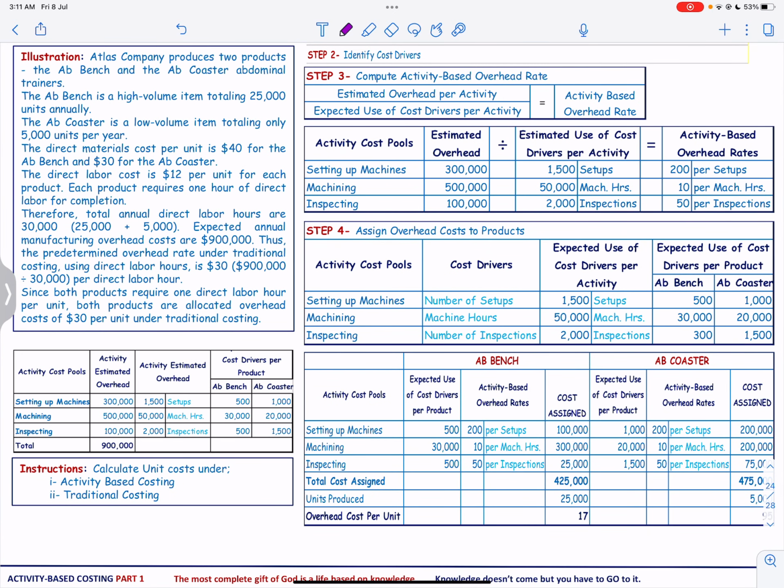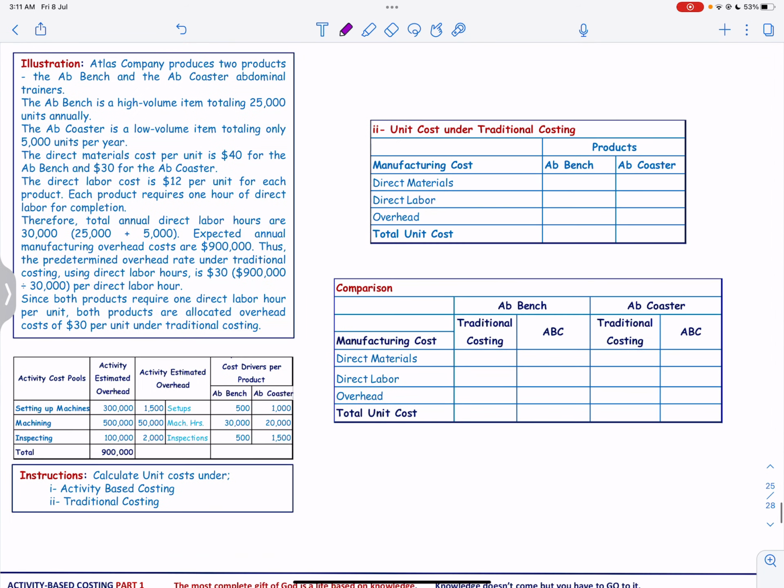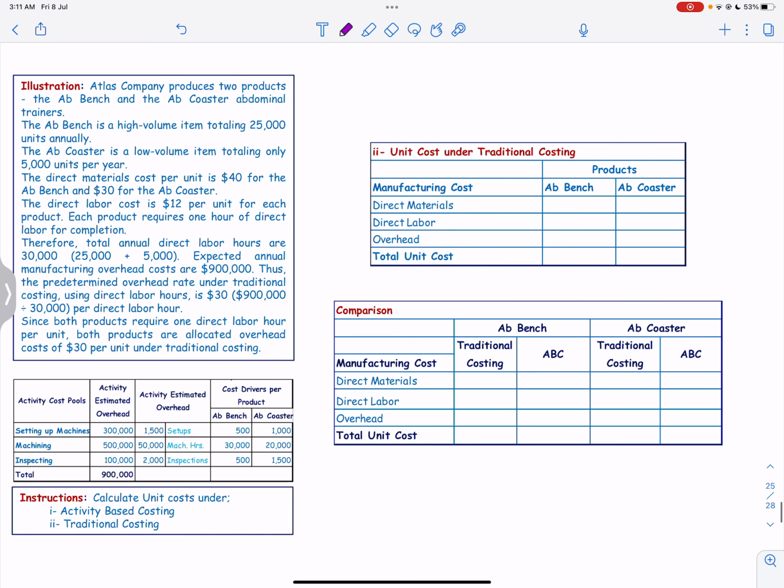And we go to part 2, that is calculate by the traditional costing method, and let us see how we do that. We have the manufacturing direct material given to us as 40. So we have 40, we have direct labor as 30, 40 and 30.